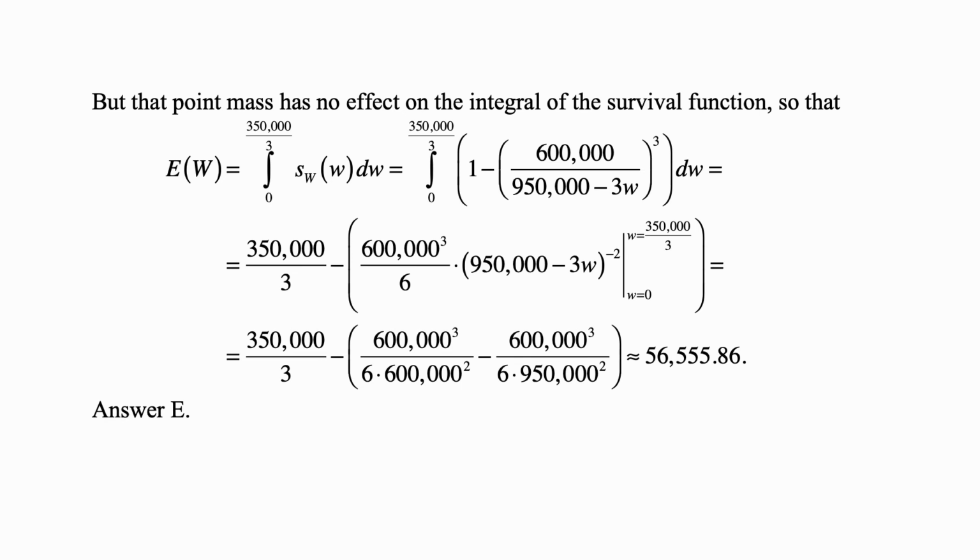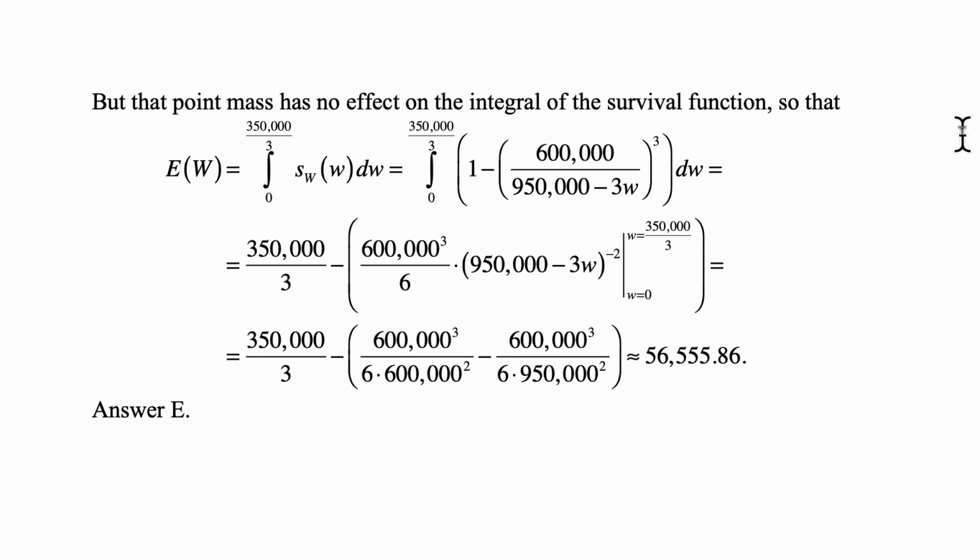That's the value of this whole integral when it's calculated for 1. So this 1 minus this fraction cubed is really split into two functions that we are integrating, and the integral of 1 is simply 350,000 over 3 that you see there.